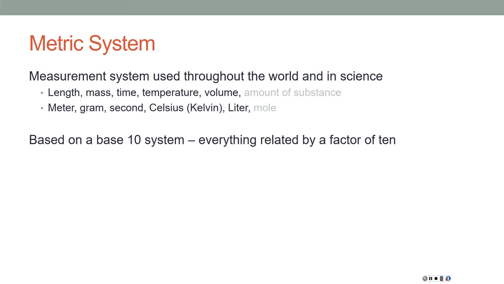Now, I've got Kelvin written here because scientists don't like Celsius. Remember at the beginning of class I said that chemists think of temperature as the motion of atoms? So the higher the temperature, the more motion an atom has. If it's really warm, it's zipping around long distances and so forth. If it's cold, it's moving short distances.